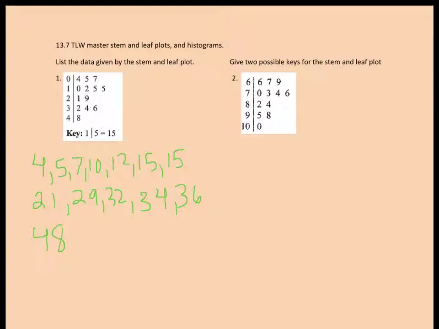So give two possible keys. So they want us to give them the key. So one of them, if we use the same sort of idea as they did here, we could say that 6 line 6 equals 66.